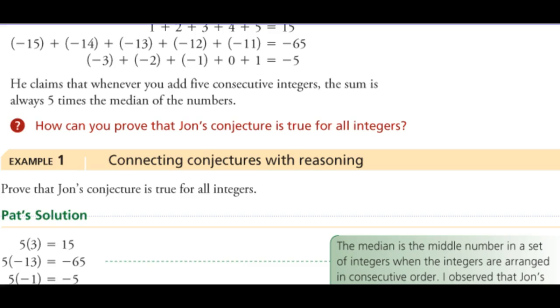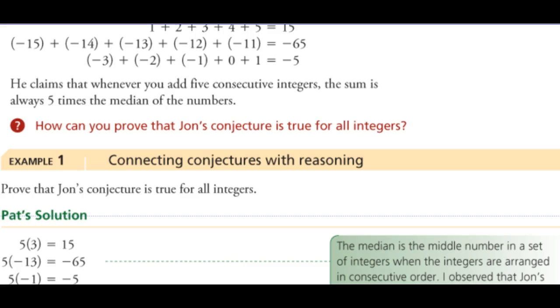So if we divide out 5, what we find is we have x plus 2, that's our middle number, and it's being multiplied by 5. So what we found out is the middle number multiplied by 5 will always give you the answer. And that's what John said. The middle number multiplied by 5 gives you what your answer was.